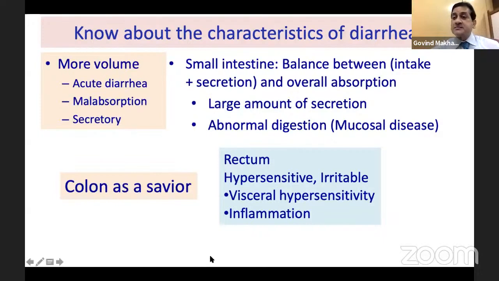So if the rectum is diseased by any cause, be it hypersensitivity as occurs in IBS or inflammation as occurs in IBD, they will have more frequency. So a patient with UC has more frequency compared to Crohn's disease if the rectum is not involved, because in UC the rectum is always involved. But in IBS, the rectum is generally involved. They have more frequent stools.